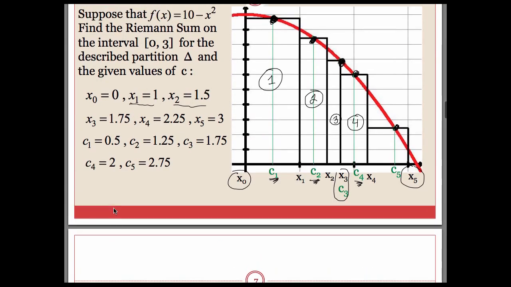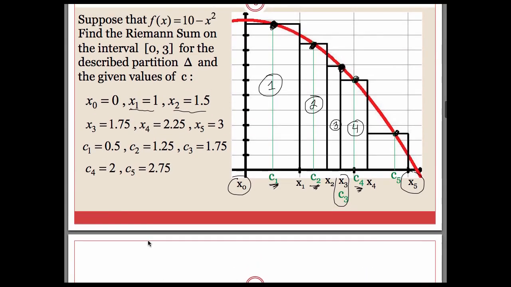So one more. So that last rectangle then, that's going from x4 to x5. So that has a width of 0.75. And the height is going to be given by what we get when we substitute c5 into the function.